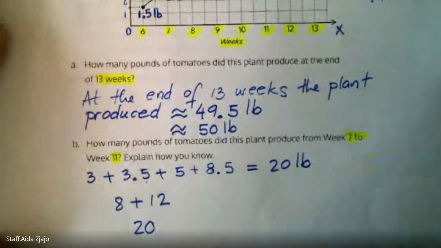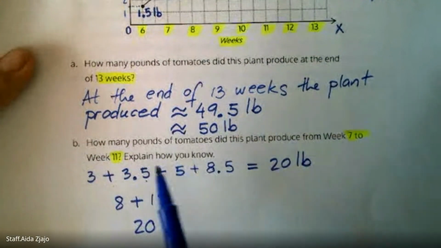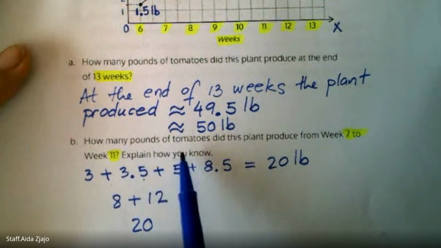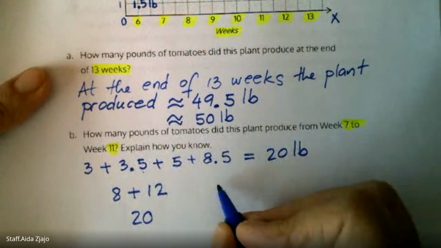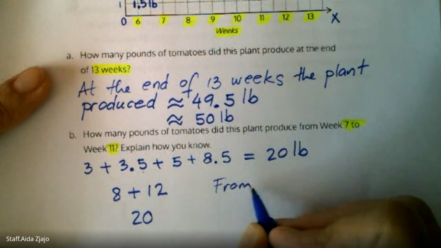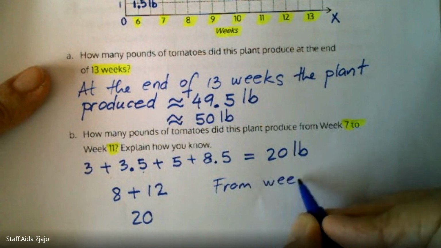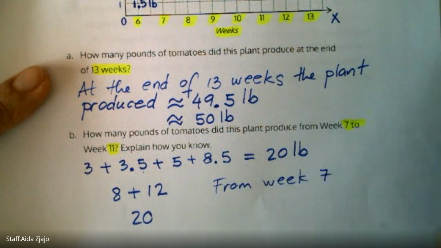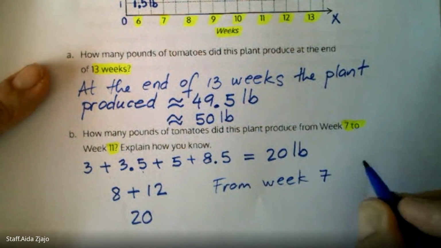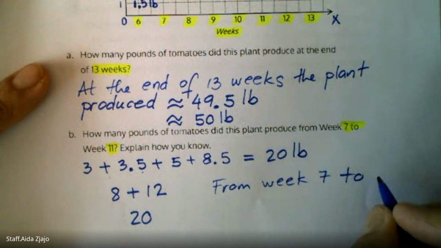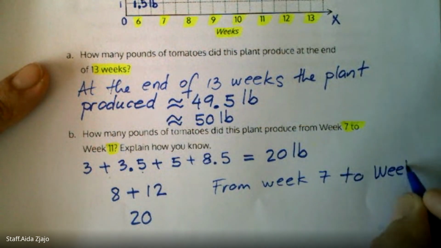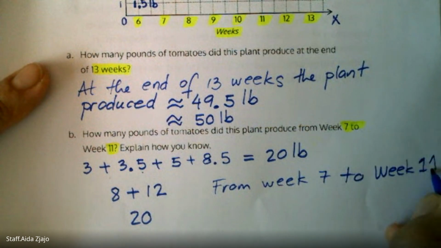So how many pounds did the tomato plant produce from week 7 to week 11?